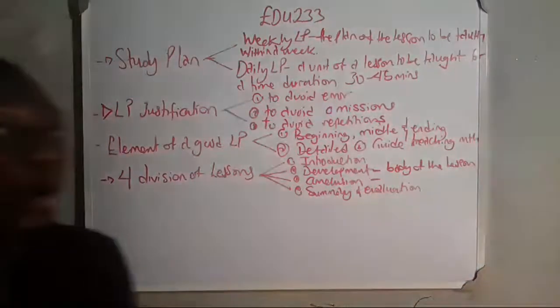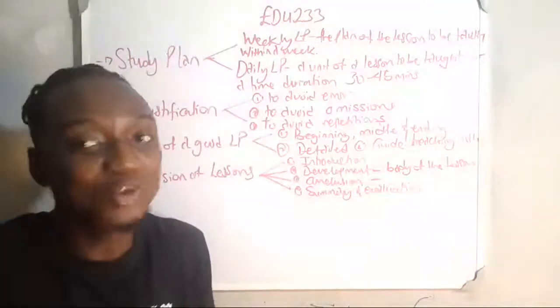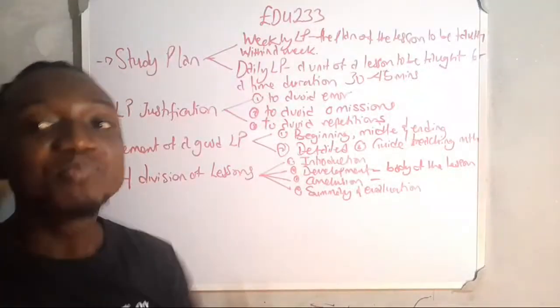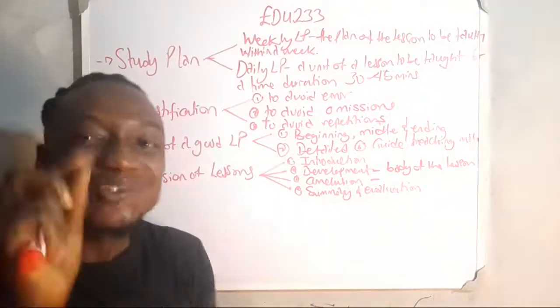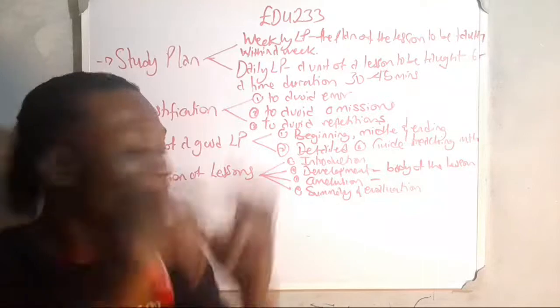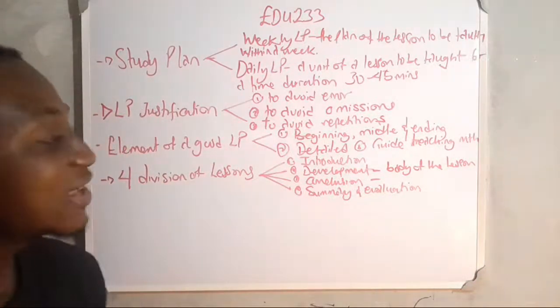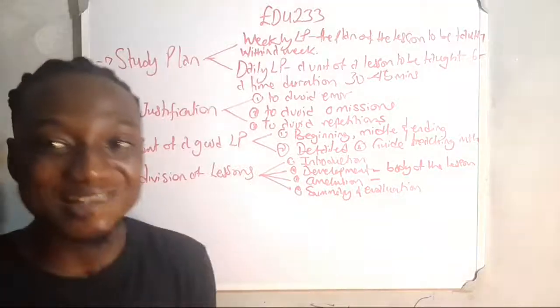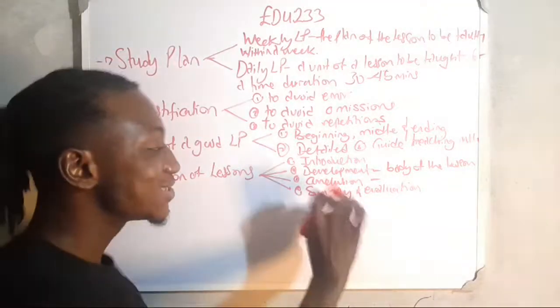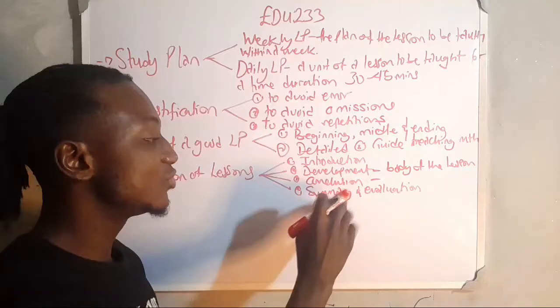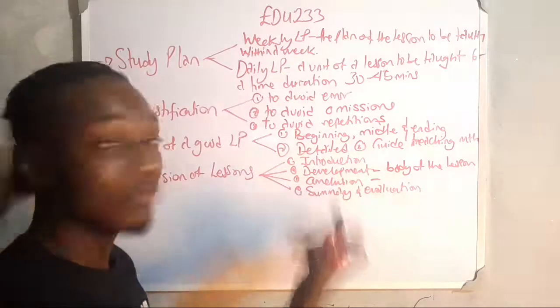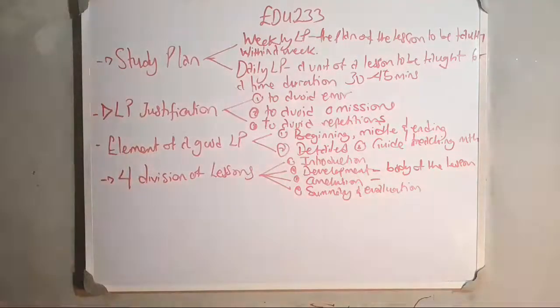Conclusion is different from summary. Summary is bringing a bit of everything you have taught together. Conclusion is bringing your words to an end. They are not the same thing.